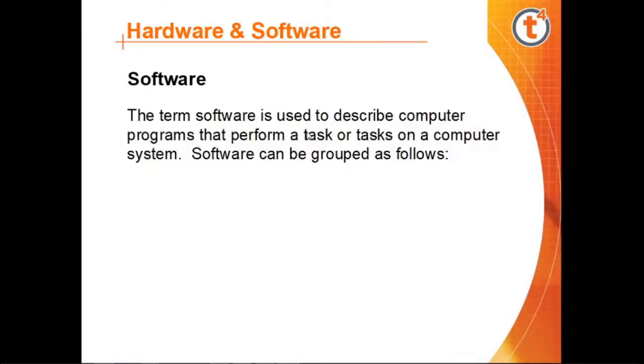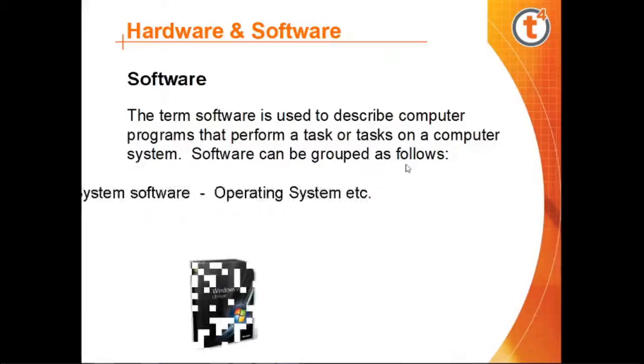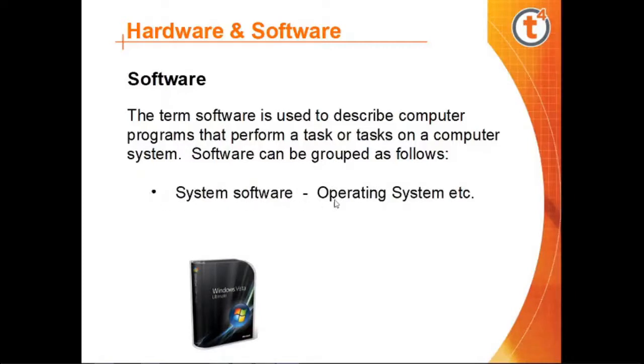Software. The term software is used to describe computer programs that perform a task or tasks, meaning various tasks, not only one task. On a computer system, software can be grouped as follows. System software, that is, operating software. In computers, we have various operating systems like Windows 7, 8 and 10.